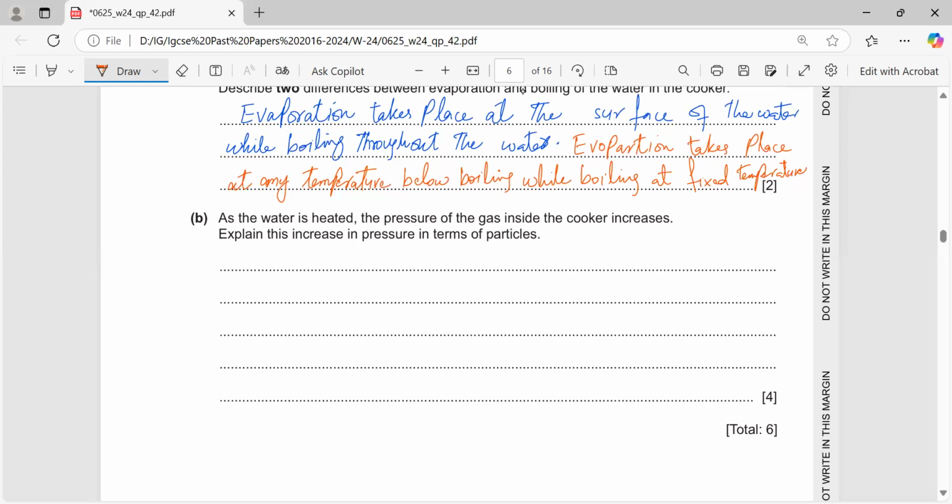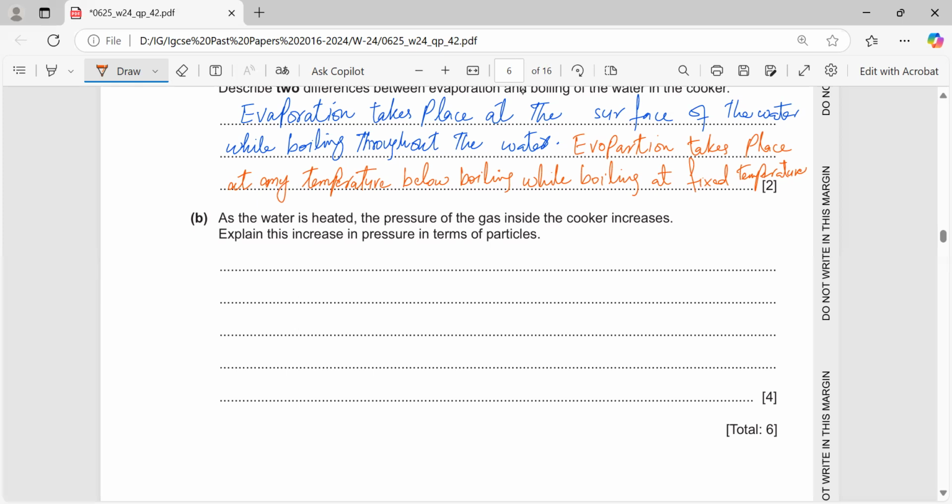When the water is heated, it will either boil or evaporate. So more gas molecules will be there, they will move faster and gain kinetic energy. They will collide more frequently with the walls of the container and exert greater force, and pressure is directly proportional to the force. So like this you can score these 4 marks.